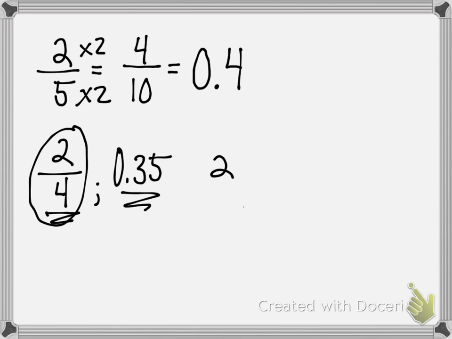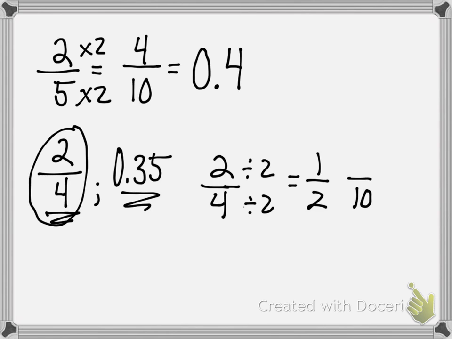We need to simplify 2/4. And we know that we can divide the top and the bottom by 2 to get 1/2. Now, remember, in order to change it to a decimal, we need to change that denominator to a 10, 100, or 1,000. So we're always going to start with 10 to see if that works. So we'll put a 10 over here. 2 times what gives us 10? 5. 1 times 5 is 5.